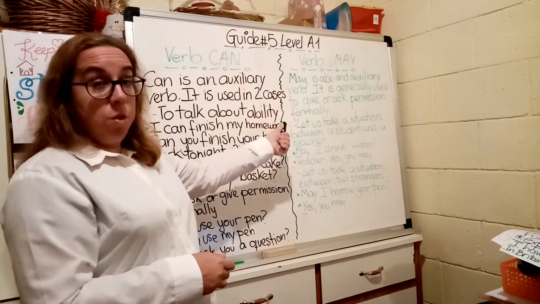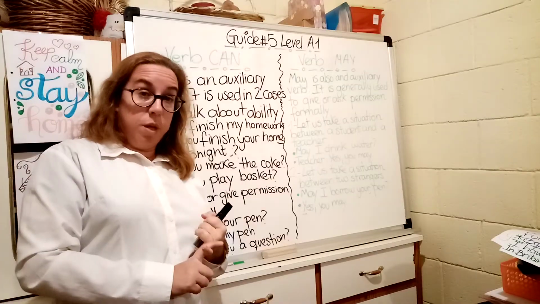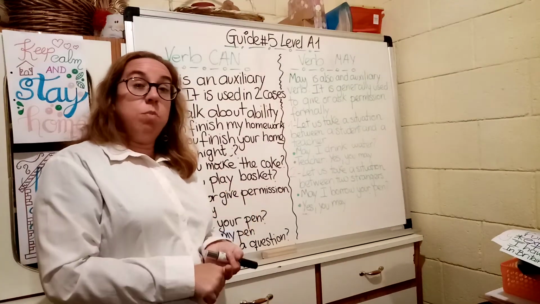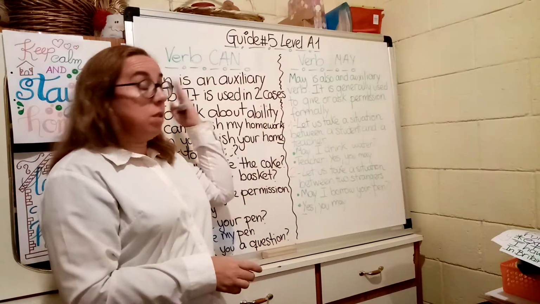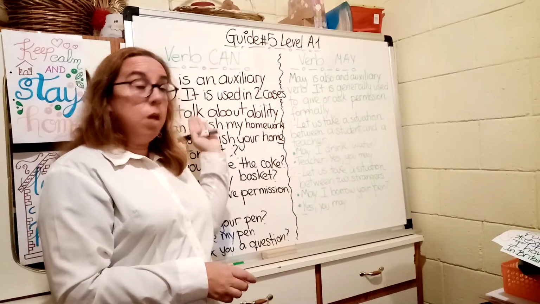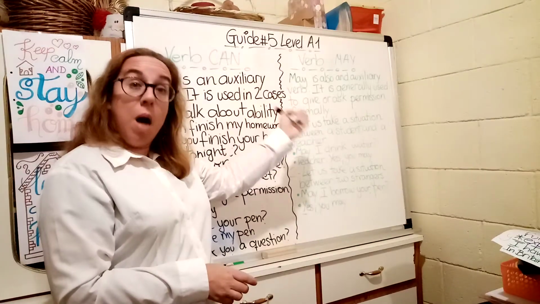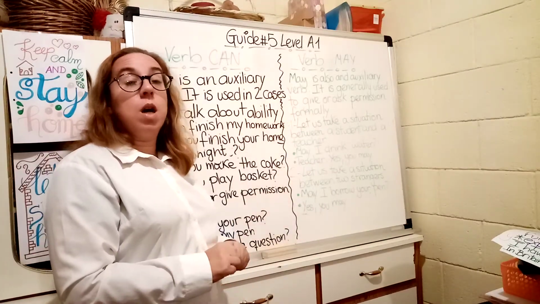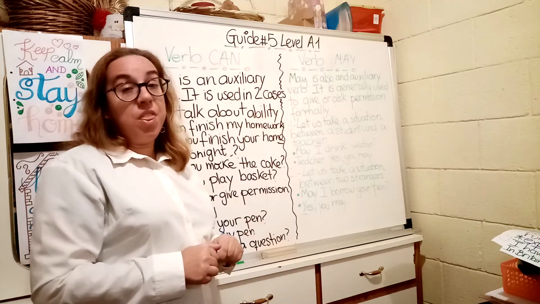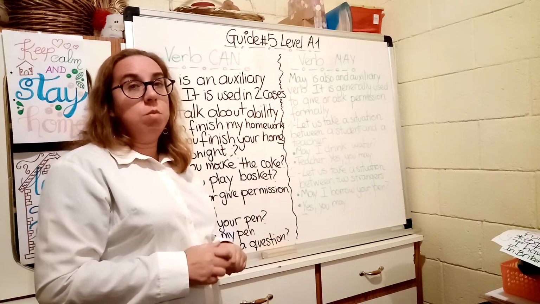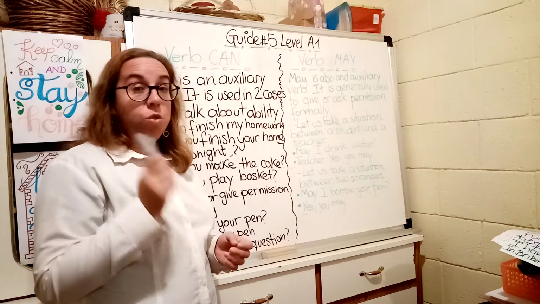The same for the verb may, the same for the verb have to, and the same for the verb must. Yes. For example, can has a past, which is could. May has a past, which is might. And the verb have to has a past, which is had to. Yes, but the others. Pay attention to the modal verbs.